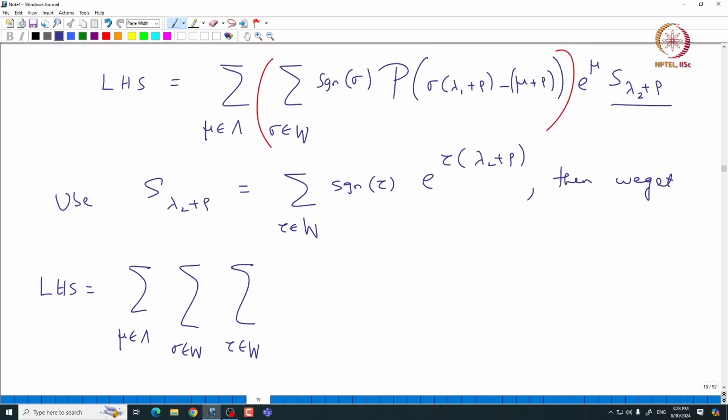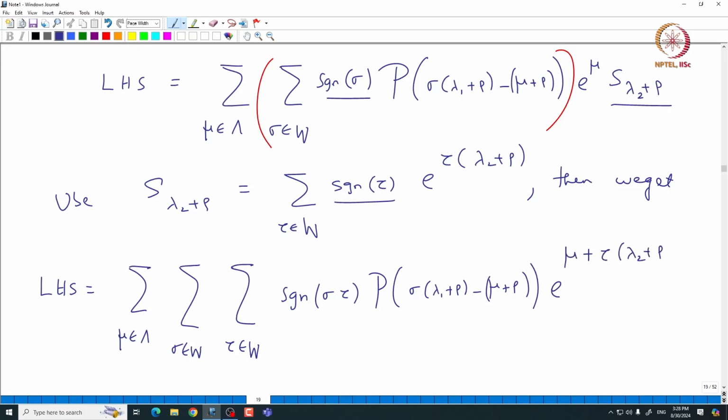Then we keep the constant partition function as it is. Sine tau times sine sigma, because sine is a group homomorphism, becomes sine of sigma tau, times the partition function of sigma lambda 1 plus rho minus mu plus rho, which stays as it is, and then times e power mu plus tau of lambda 2 plus rho. So, this is what there is on the left hand side.